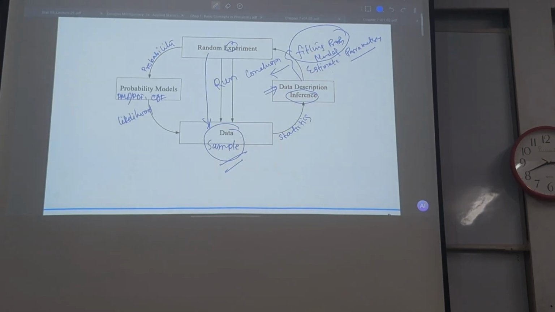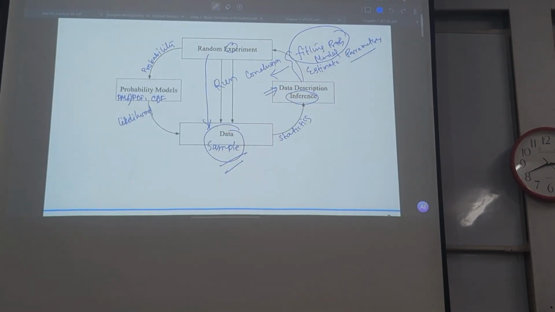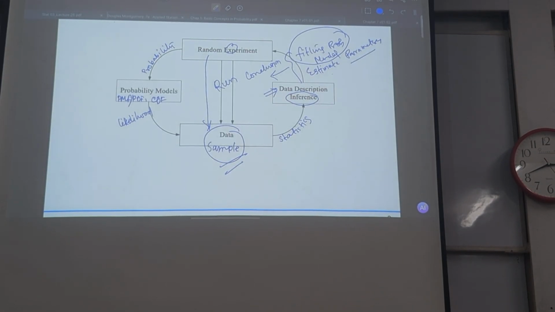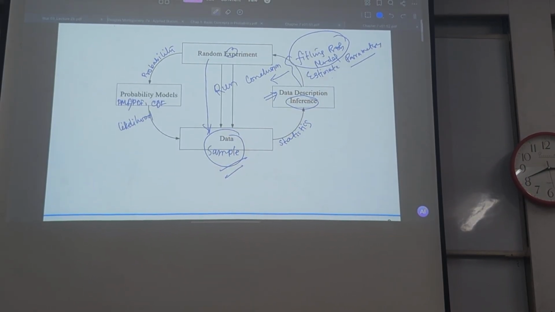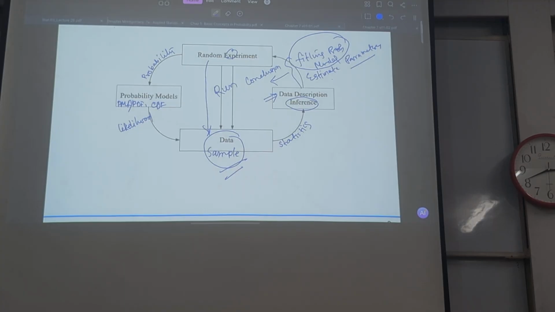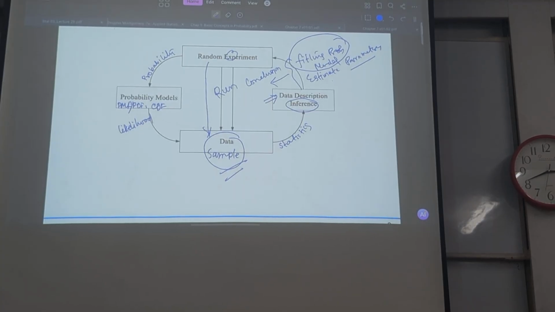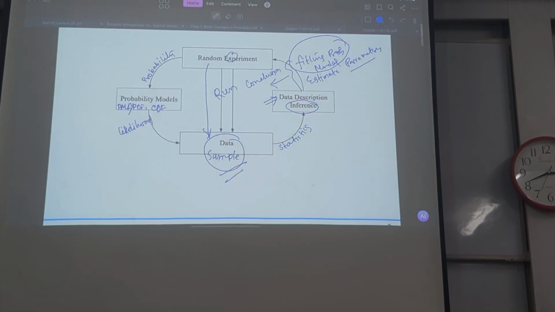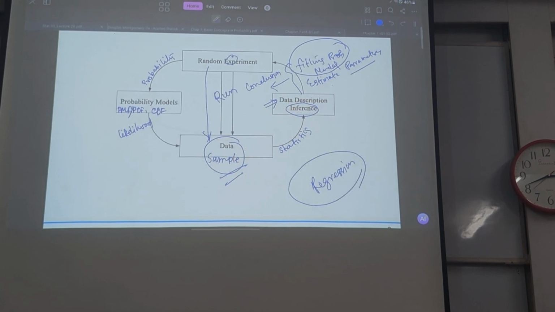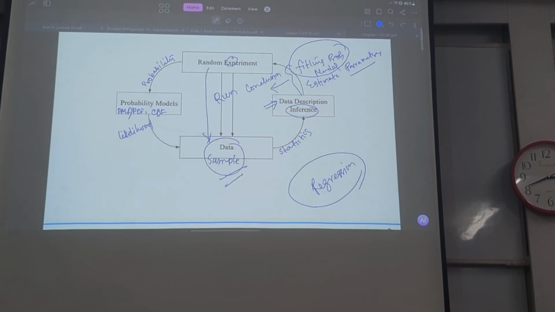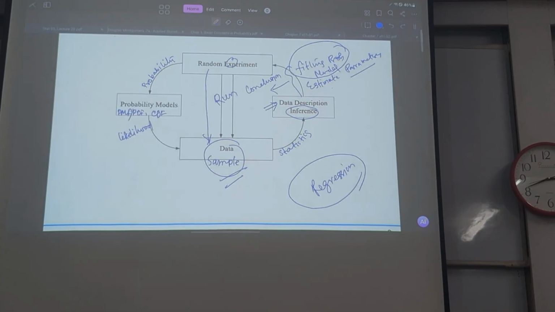When this data is available, a spam filter, a mail filter, can tell you whether the mail is spam or not. So this classification can be done by this. Or you can draw a regression line where you can estimate future data based on the statistical inference.